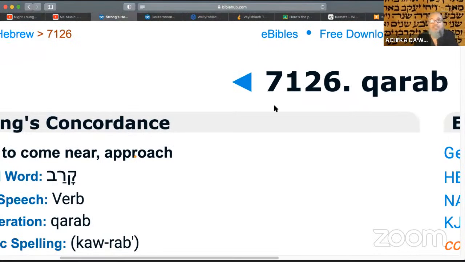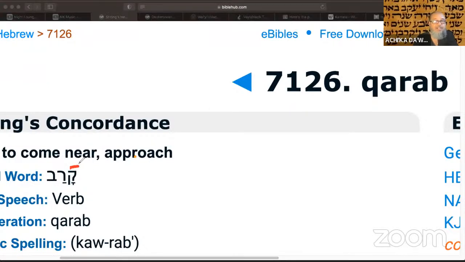Let's connect it. This is how you're going to get better in Hebrew. I'm giving you the tools. The first letter right here is this quof, and there it is. That's what you got to start.